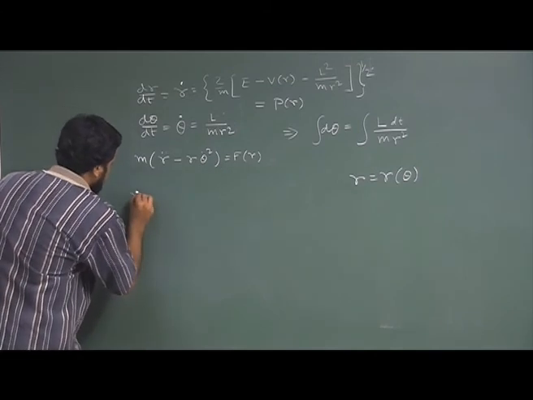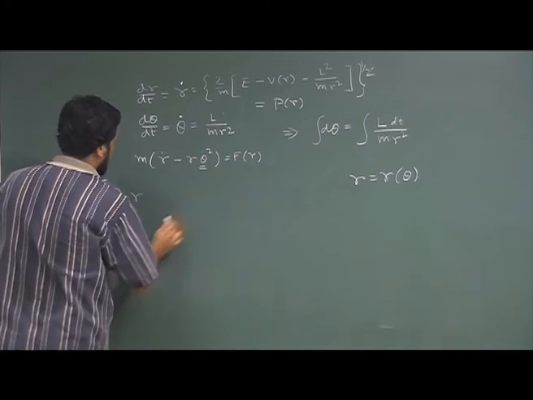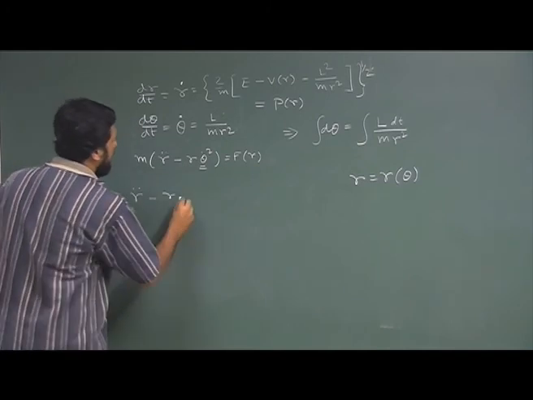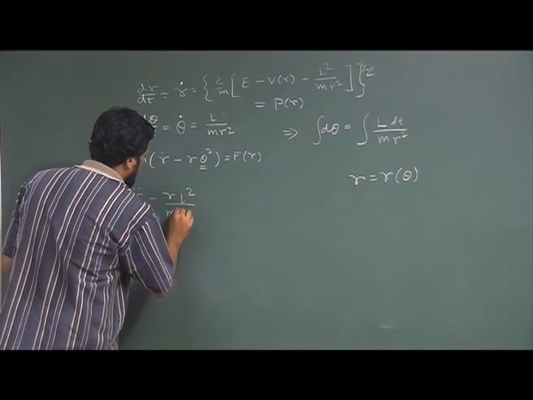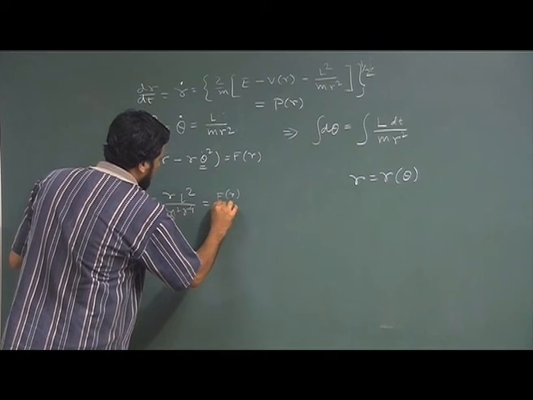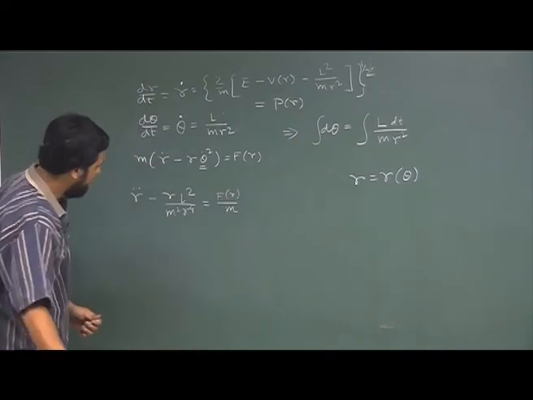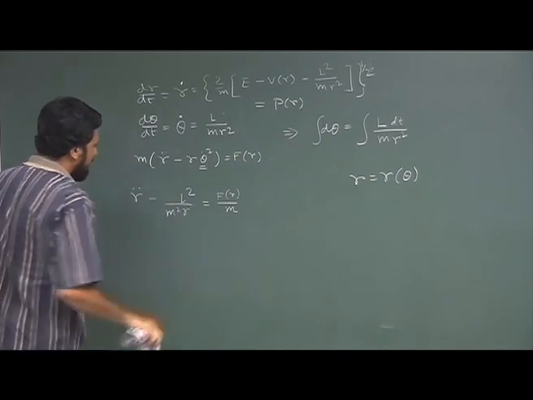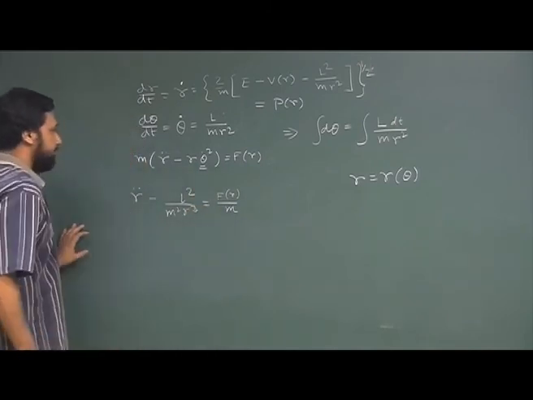Now, if we replace theta dot by this expression, this reduces to r double dot minus L square by (m square r cubed) is equal to f(r) by m, after simplifying a bit. So it will be simply r cubed here.